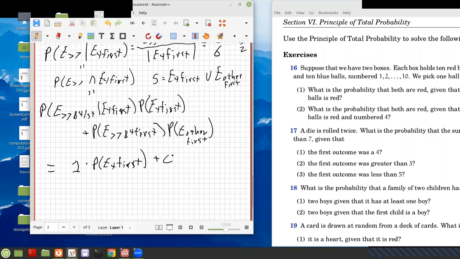Well, that's going to be 0 times the probability that E other occurred.